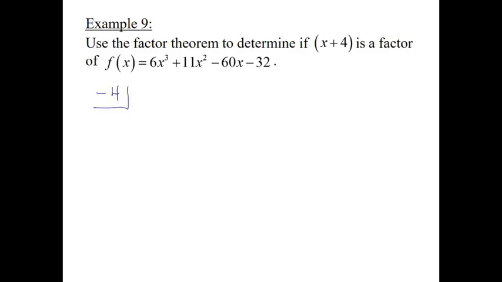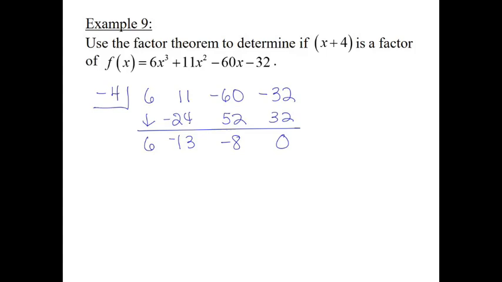So I set up my division, make sure there's no missing powers of x, divide by negative 4, bring the 6, multiplies to be negative 24, adds to be negative 13, then that multiplies to be positive 52, negative 60 plus 52 is negative 8, negative 4 times negative 8 is positive 32, which adds to be 0.